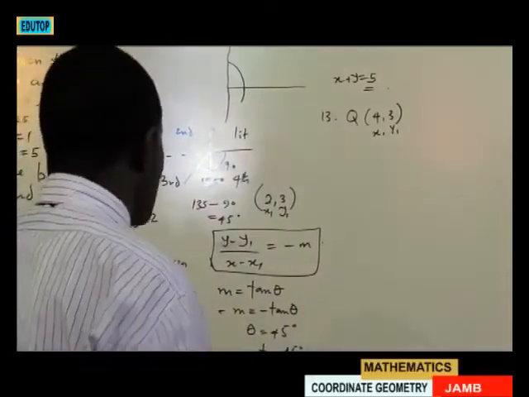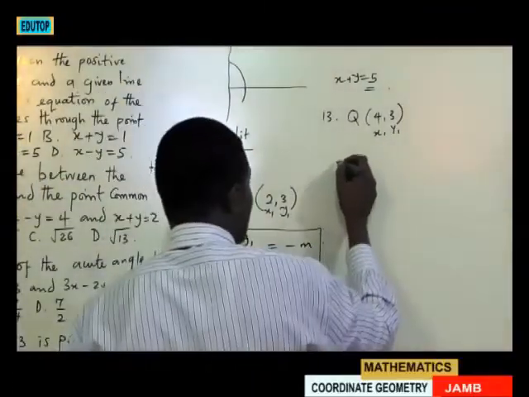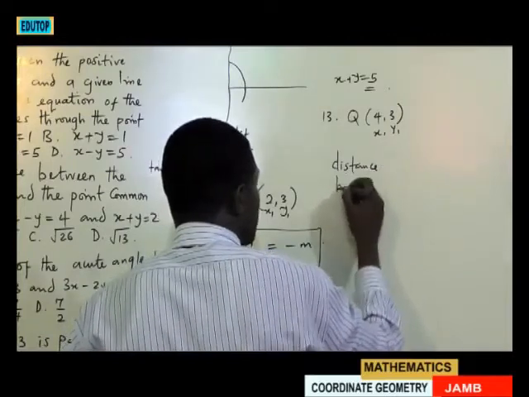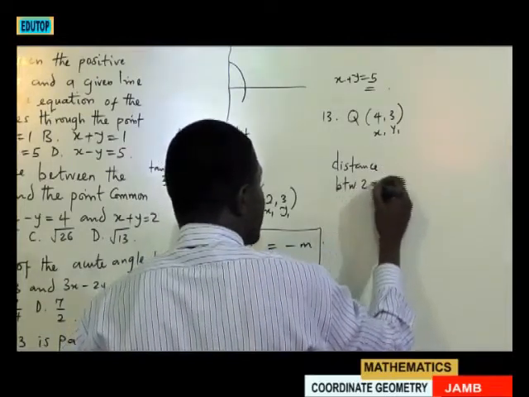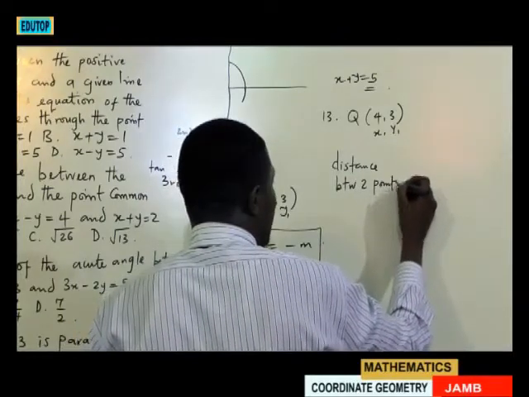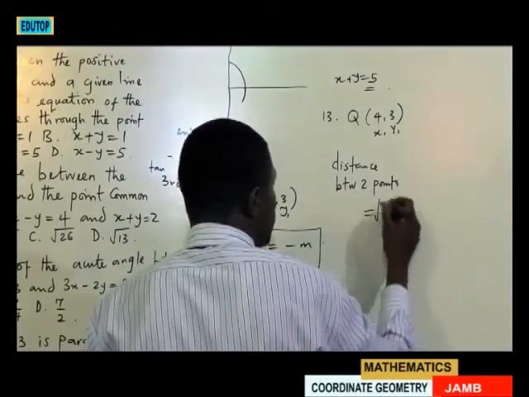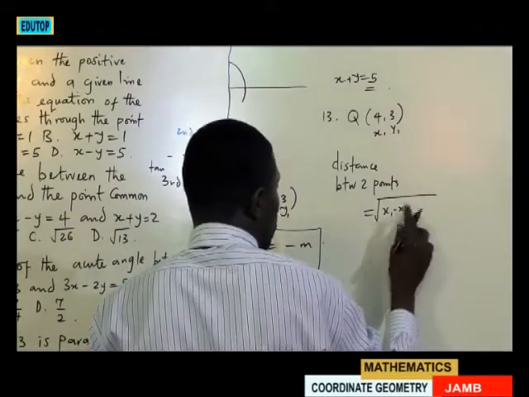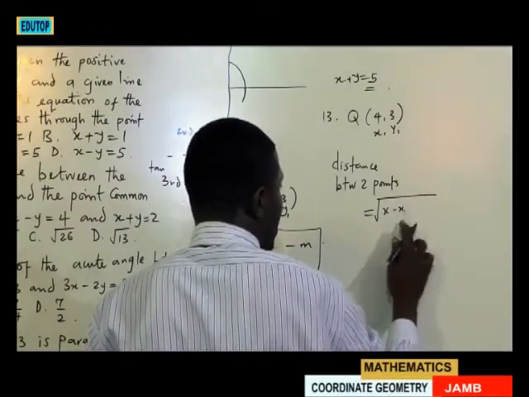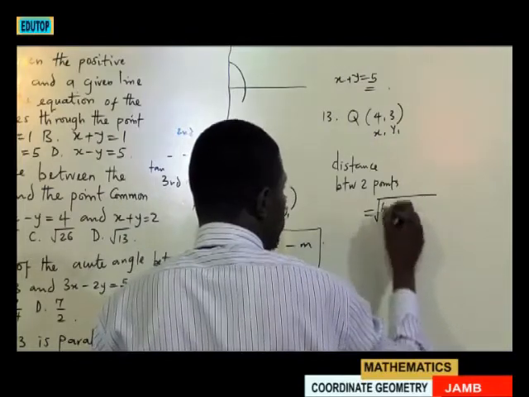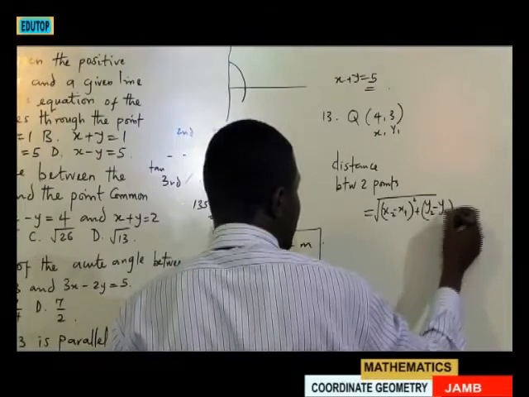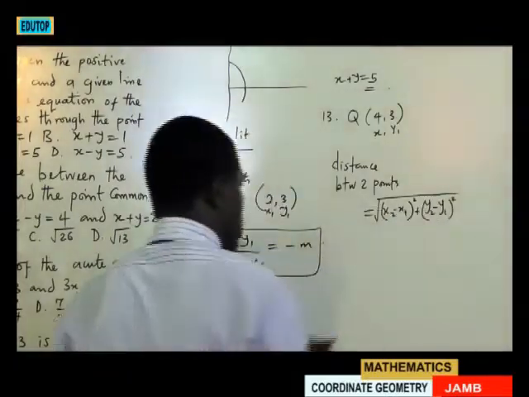Now, the formula for calculating the distance between 2 points is equal to the square root of x2 minus x1, all squared, plus y2 minus y1, all squared. This is the formula for calculating distance between 2 points.